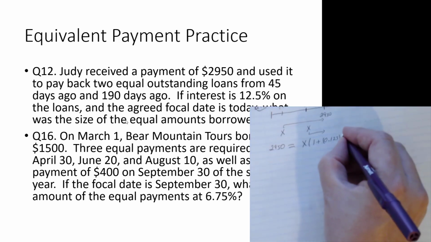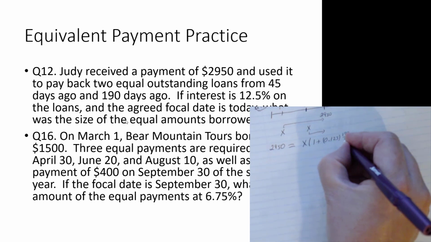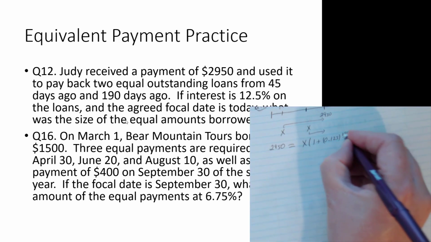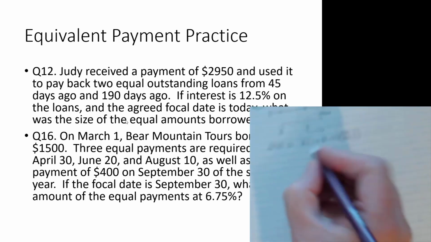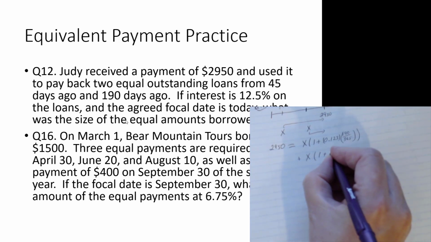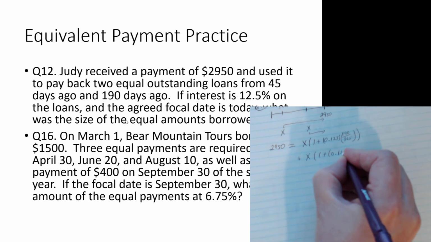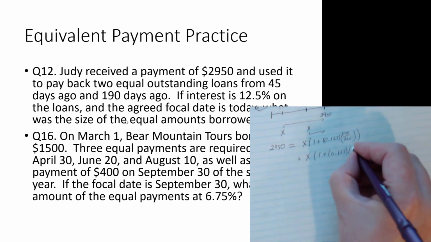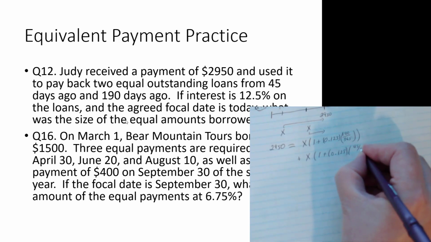And that's 190 days into the future. So 190 out of 365. Plus another X. And again, 1 plus, same interest rate, but it's 45 days into the future.